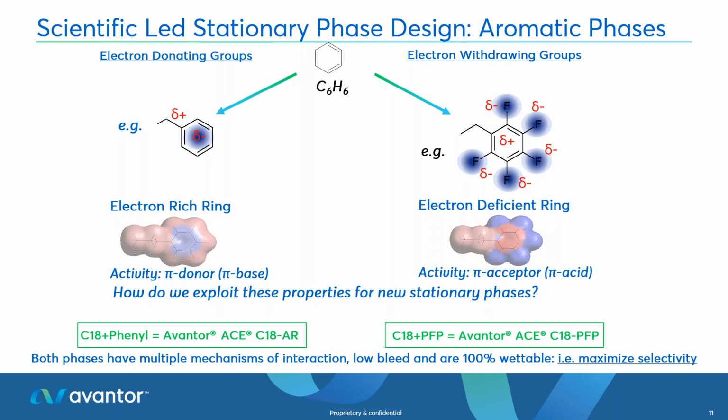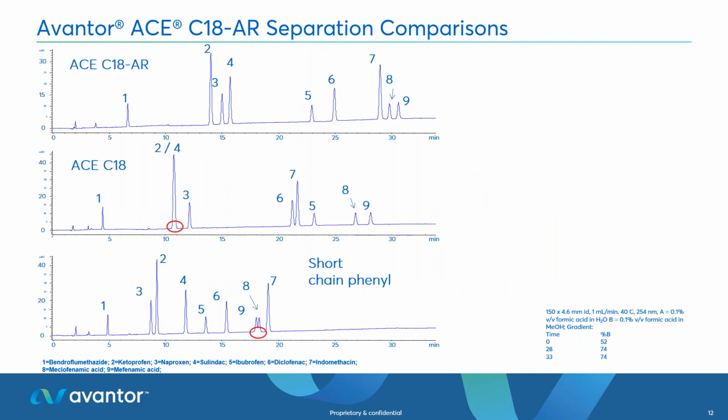And really what happened when we developed these was the chromatography showed both mechanisms. And here's just an example of that. You can see this 9 analyte mix. On a C18 column, I've got coelution of peaks 2 and 4, horrible coelution of peaks 2 and 4, but generally everything else is separated baseline.